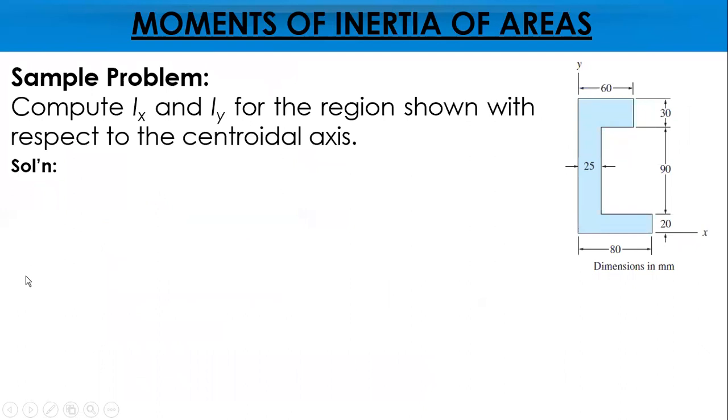Let us solve another problem. Compute Ix and Iy for the region shown with respect to the centroidal axis. Now, since it is a composite, first subdivide it into different elements.